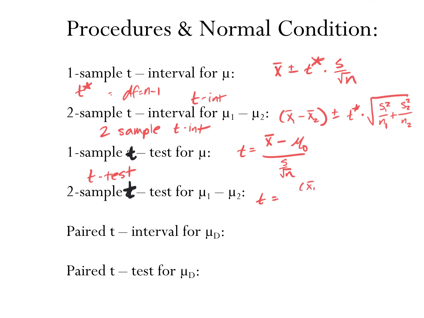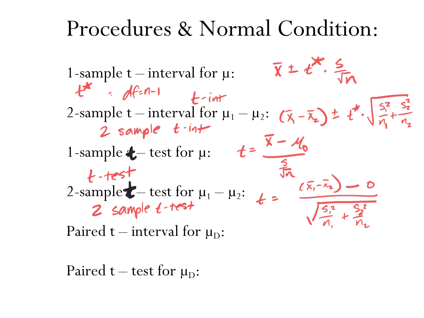It would be x bar 1 minus x bar 2 minus 0 over the square root of s1 squared over n1 plus s2 squared over n2. But again, we haven't been doing any of these by hand for a reason, okay? You're just going to pick the 2 sample t-test in your calculator for this.